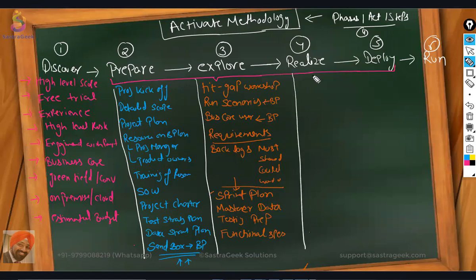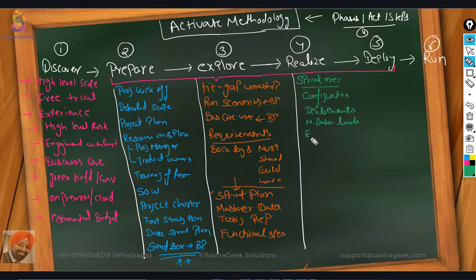Then in realize phase, what would we be doing? In realize phase, actually we would be executing your sprint execution. Within the sprint execution, you would be doing your configurations. Then you would be doing your developments or enhancements, your master data loads would be happening here.